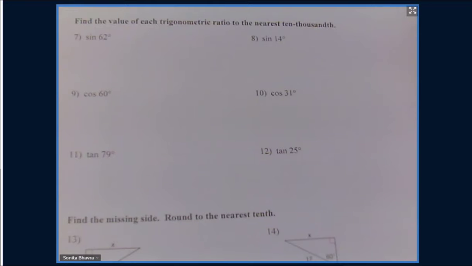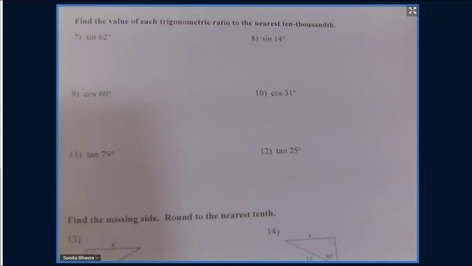Our next set of questions say to find the value of each trigonometric ratio to the nearest 10,000th. In this case, you can either use the trig ratio chart that's provided, and you just have to go to the sine column to 62 degrees and figure out the ratio to decimal form, but you can also just use your calculator.